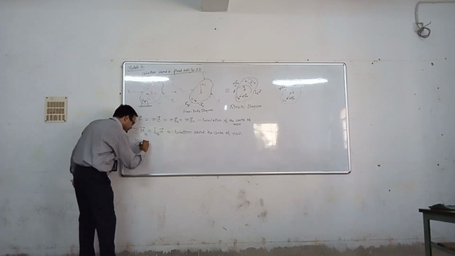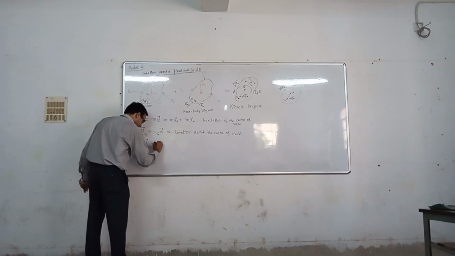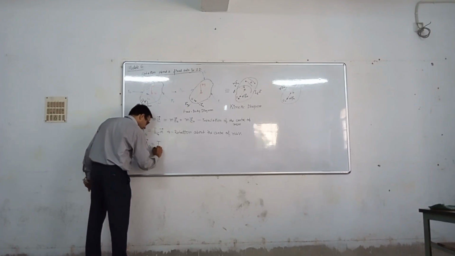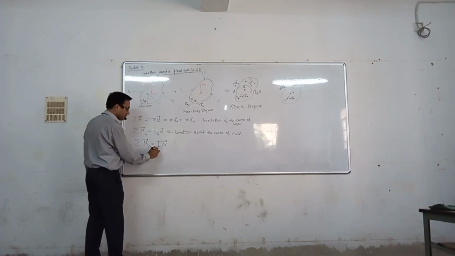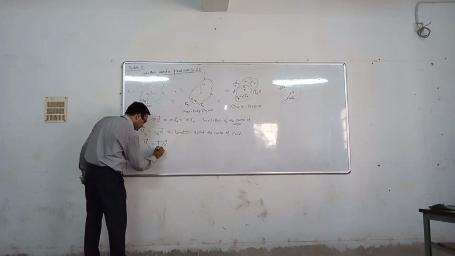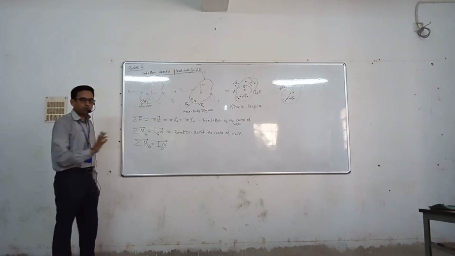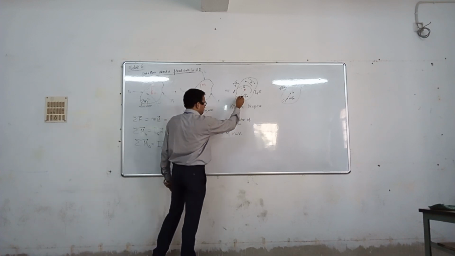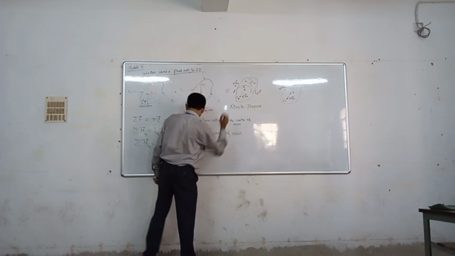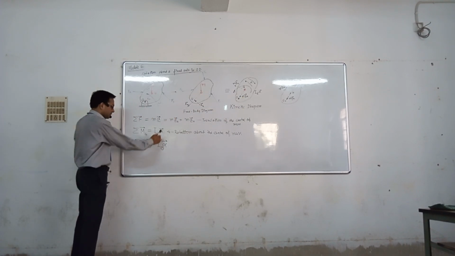I can also write M about O, the fixed point, is equal to I bar alpha. I bar means what? The moment IO, IO alpha. IO is the moment of inertia about the axis passing through point O. Alpha is the same as that alpha.